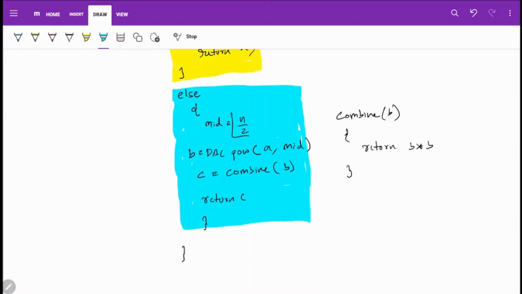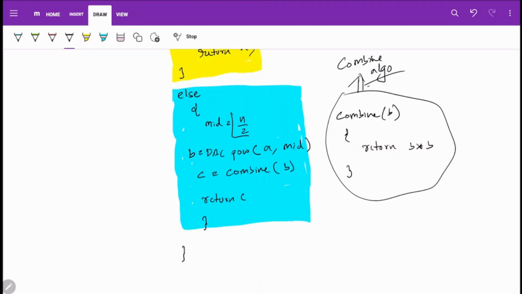And this one is the combine algorithm. So this is how we can find it.